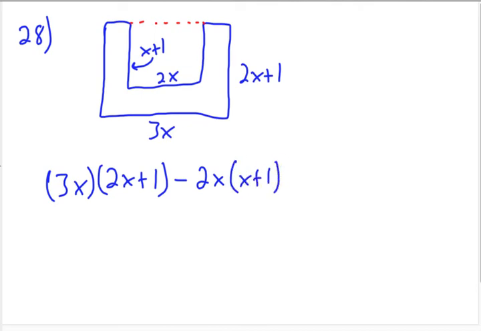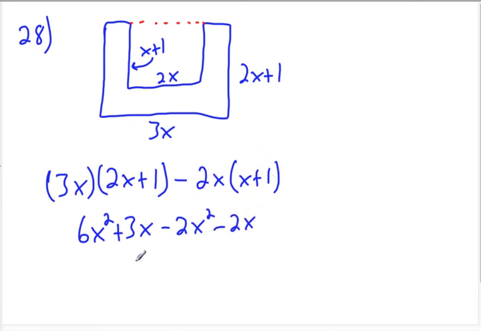Okay. So here we'll distribute this. So 3 times 2 is 6, then x times x. 3 times 1 is 3, and then x. Distributing this 2x with the negative, so negative 2x times x is negative 2x squared. And distributing again, negative 2x times 1.